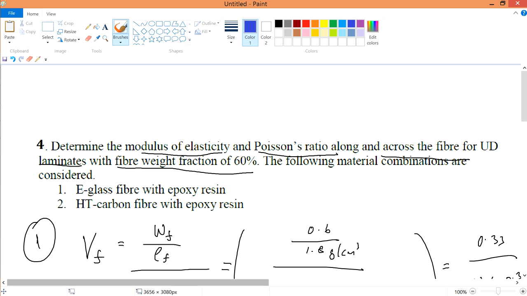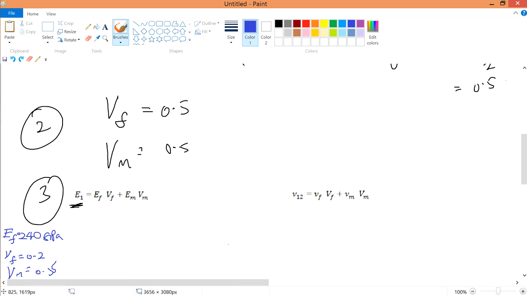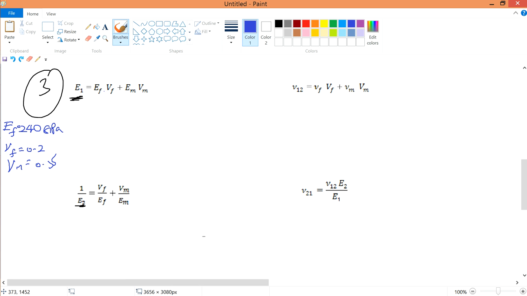It should be given to you, or given over here, or in your data sheet. So the Poisson ratios of the fiber and matrix are given here, so I don't need to explain, and it's just subbing in. When you sub in your values, you should get 122 GPa.